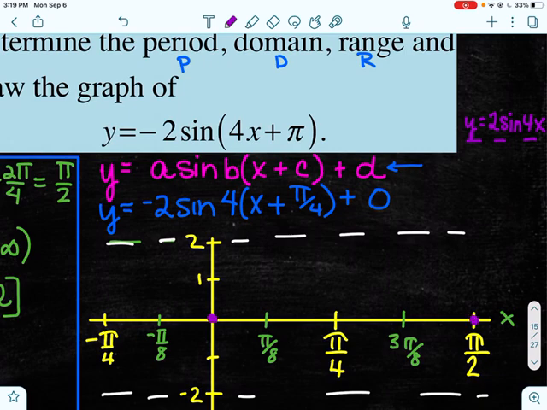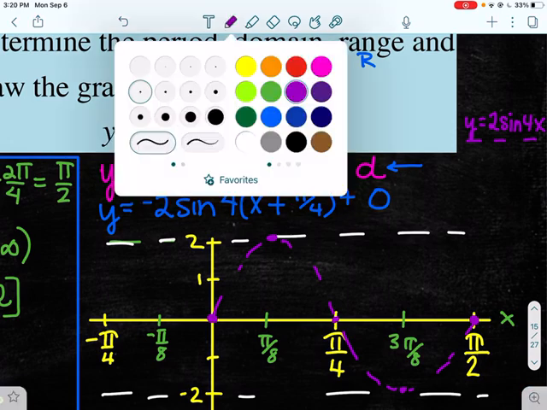We know that sine is an increasing function, so I'm going to go up a quarter cycle to 2, down to the equilibrium, down to the minimum value. I know this isn't your first rodeo, so I'm not going to belabor this too much, just to get you back into this. Okay, there is y is equal to 2 sine 4x.